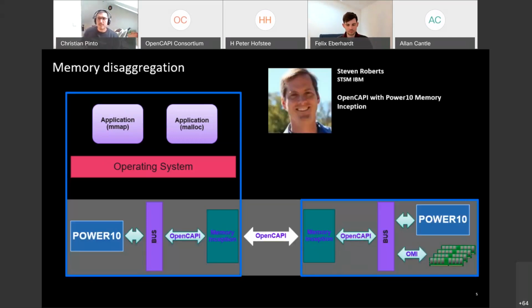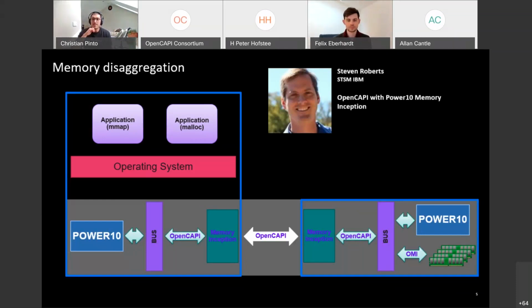The next speaker will be Stephen Roberts. He's a senior technical staff member at IBM, and he has served as architect for 7 high-performance machines that landed in the top 500 supercomputers list. And he also served as chief engineer for Summit and Sierra.